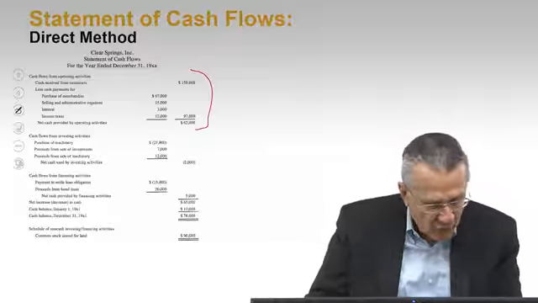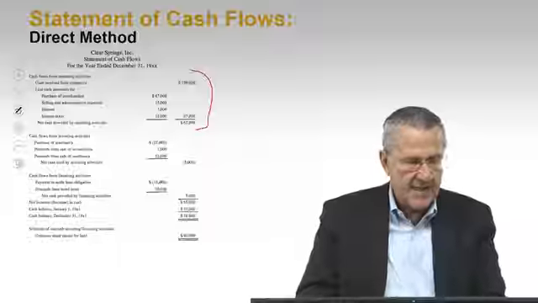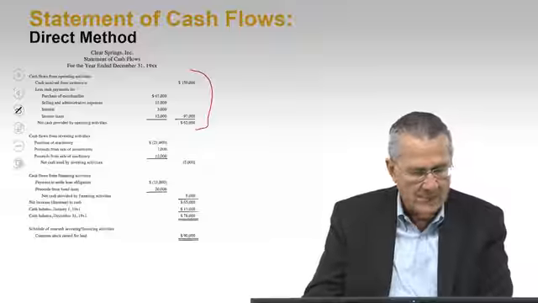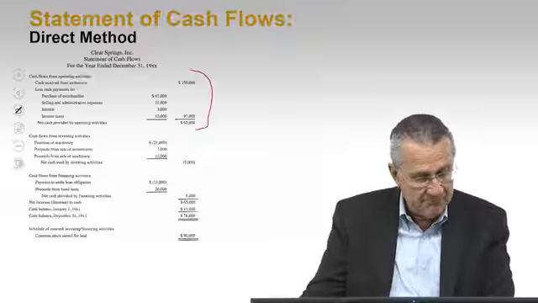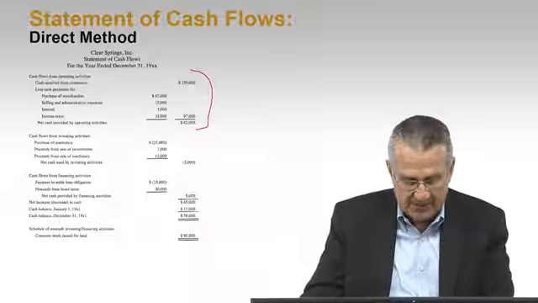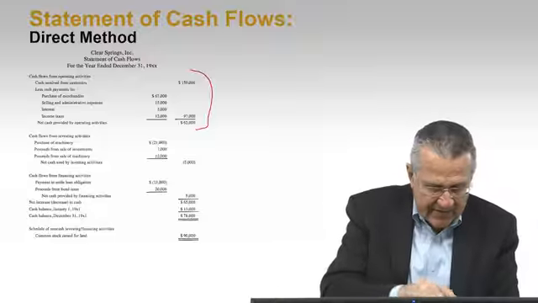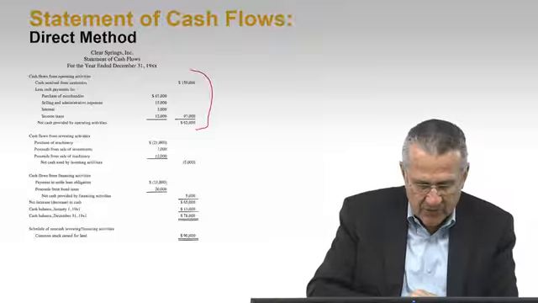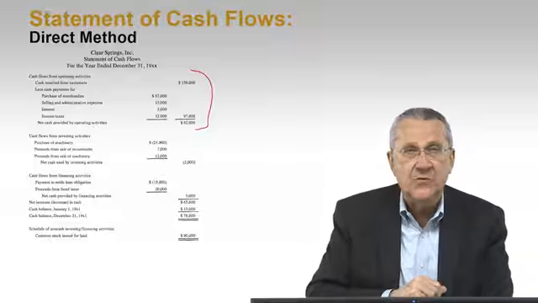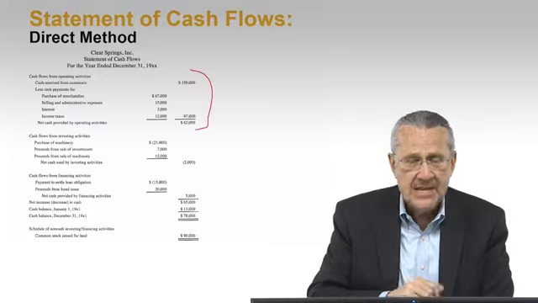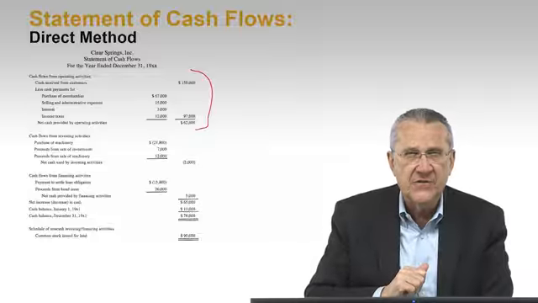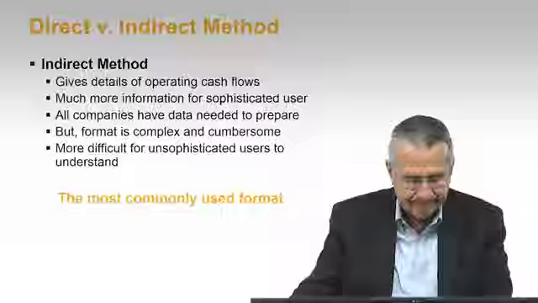And using the direct method, you start out with cash flow from customers, and then you subtract cash payments for purchases of merchandise, in this case, selling administrative expenses, interest, income taxes, and we calculate the total of those numbers, and we subtract that from cash from customers to yield net cash provided by ops. So that's one of those 3 most important numbers we're going to generate in this financial statement.